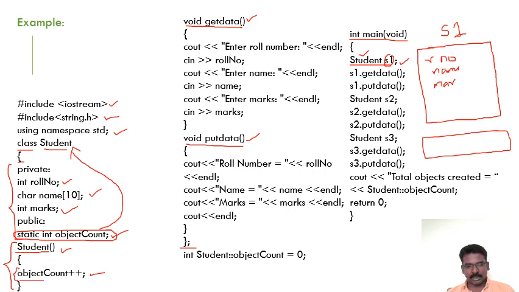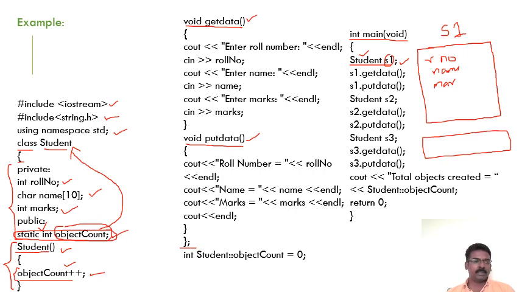What is mentioned inside the constructor is that we have to increment the object count. We have declared a variable named object count, which is a static data member. So once the object is created, the constructor runs, and as a result, the static data member gets incremented.